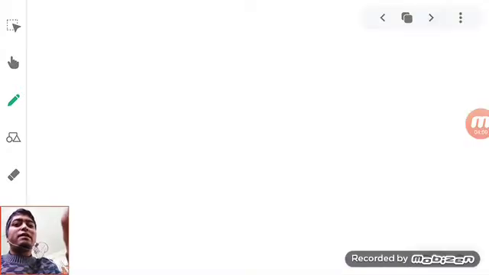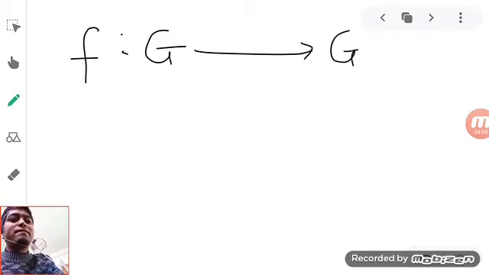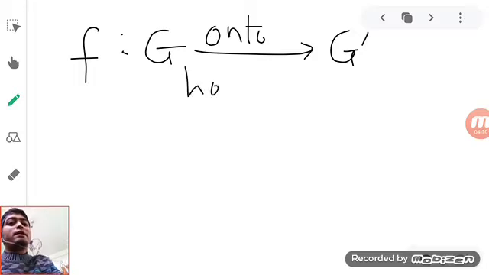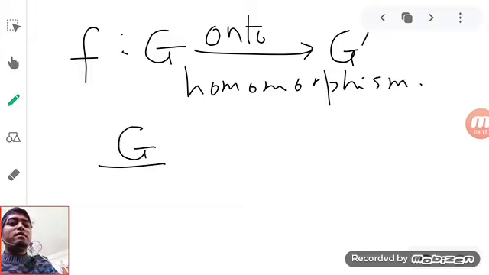So let's see what we are given. We are given f from G to G dash. It is onto. It is a homomorphism. We will show that G by K is isomorphic to G dash.